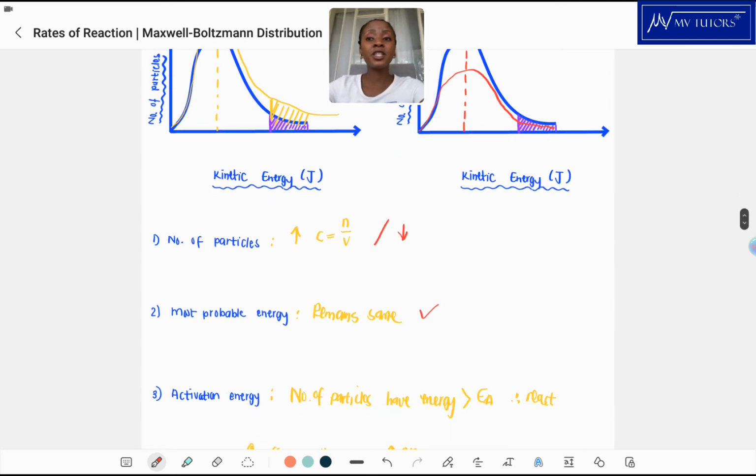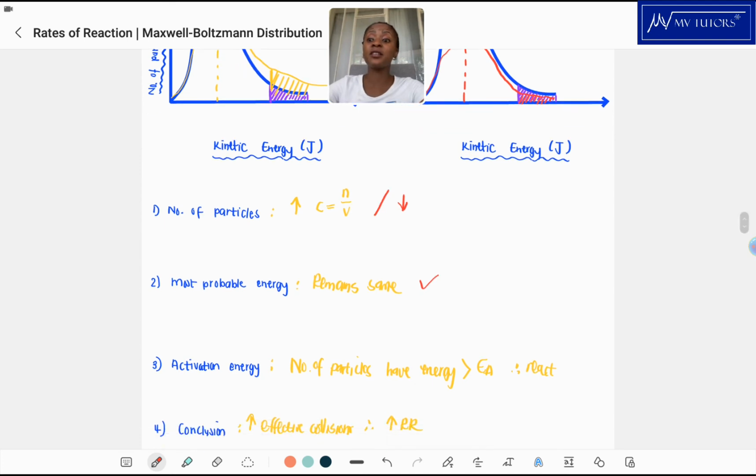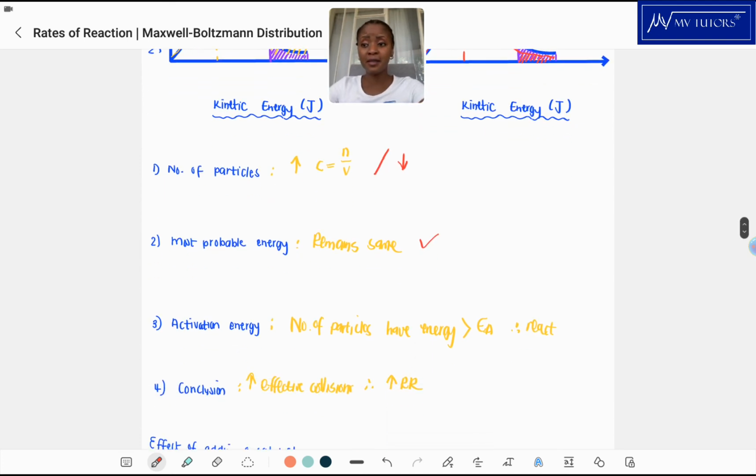Then the activation energy: as you can see here, the number of particles that have energy that exceeds the activation energy has decreased.